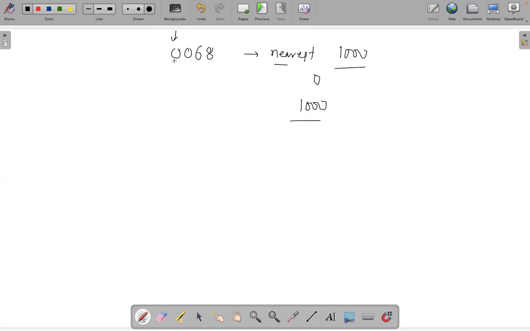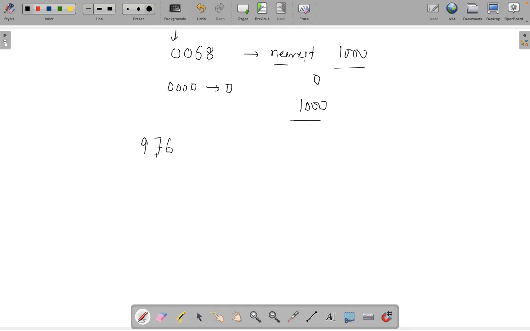You have to either keep this as it is or add one. So you look at the number next to it. Is this greater than 5 or less than 5? It is completely less than 5. So you'll keep this as it is. The remaining things will become 0. So the answer will be 0. Is this clear?